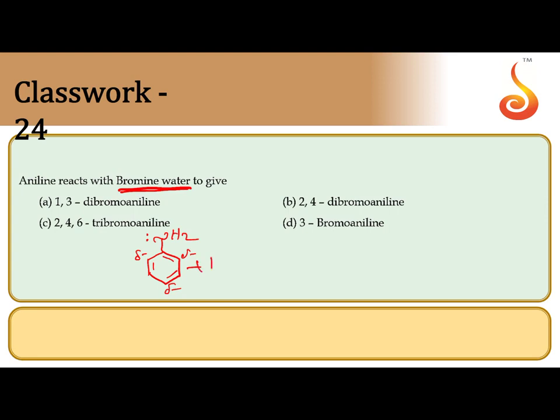That's why in the presence of water, a polar solvent, bromine replaces three places. So tribromination takes place. A white precipitate of 2,4,6-tribromoaniline is obtained. C is the correct answer.